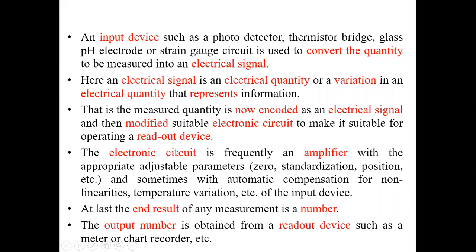Whenever the output of the transducer is given to the amplifier, the amplifier amplifies the input signal coming from the transducer, and later it is given to the last stage of the system.